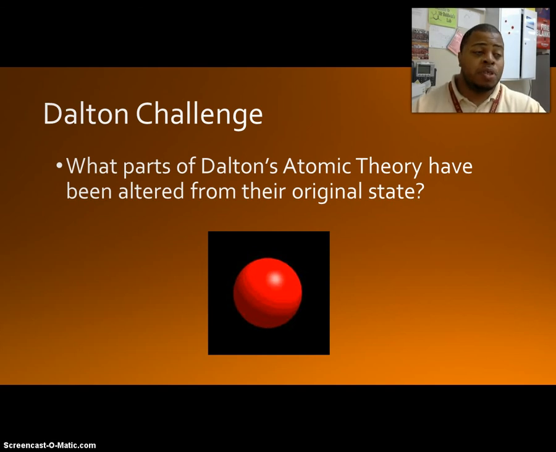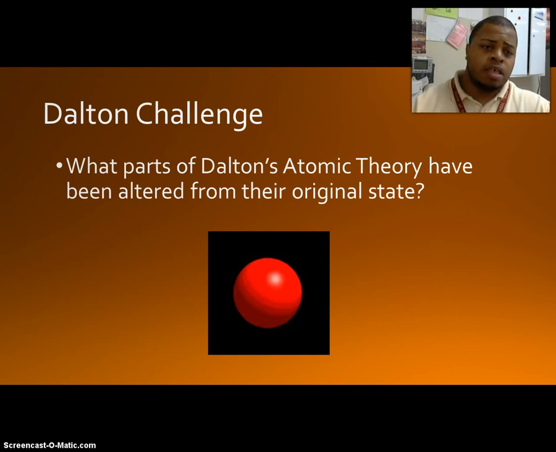You want to use your text, and we'll talk about that a little more in class. So again, Dalton challenge: what parts of Dalton's atomic theory have been altered from their original state? Here we have a picture of his model, basically just a ball. Take a few moments, pause it right here, and I will come back in just a moment and we'll proceed from here.